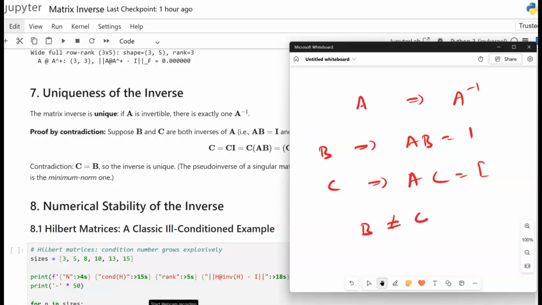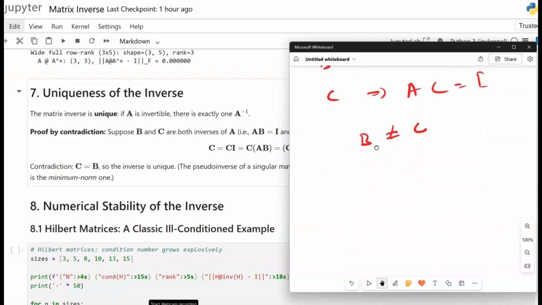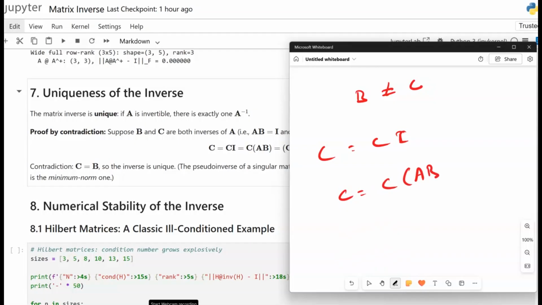We will start with matrix C itself. Multiplying any matrix by the identity matrix does not change it, so C equals CI. This is simply the identity property. Now let me replace the identity matrix I with AB. Here C equals C(AB).